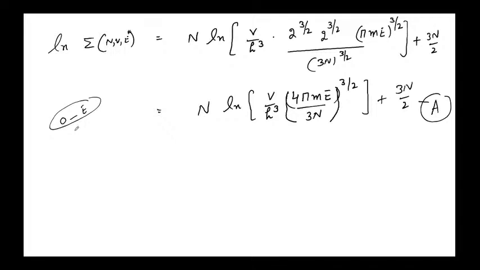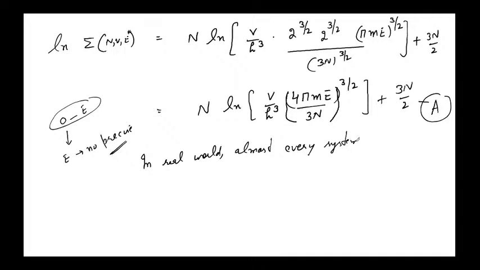But in general, the value of this E is no longer a precise value, because there is some heat loss or some heat gain which always happens within this system. So in the real world, almost every system has some contact with the surroundings.